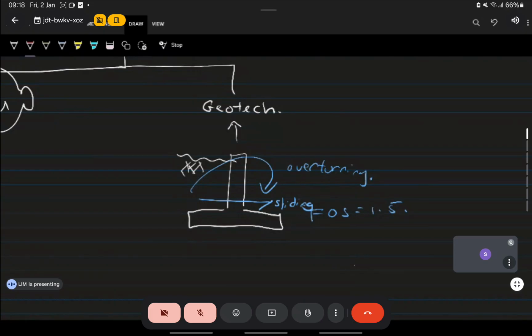Because when it overturns, it's going to put a lot of downward force in the soil at the right hand side. And then as you go towards the left, that force reduces. Because it overturns, you have to find out where the center of gravity is, okay? But it's going to look like this, okay? So you have to check.